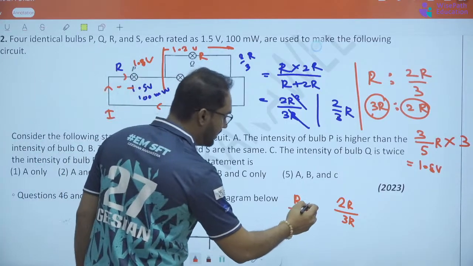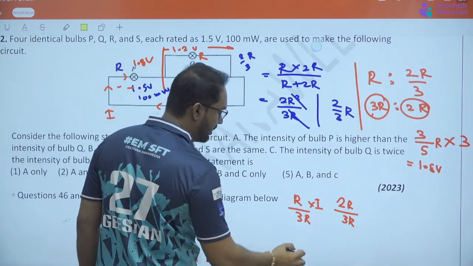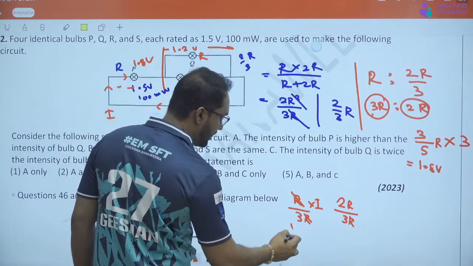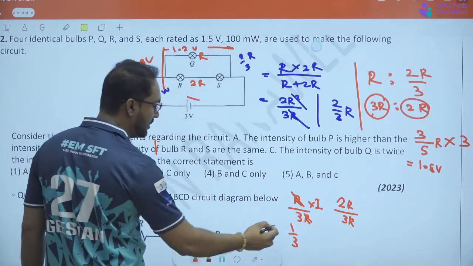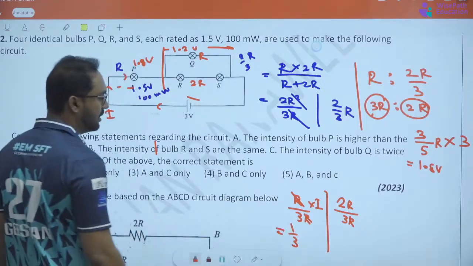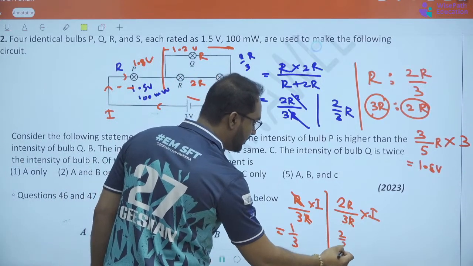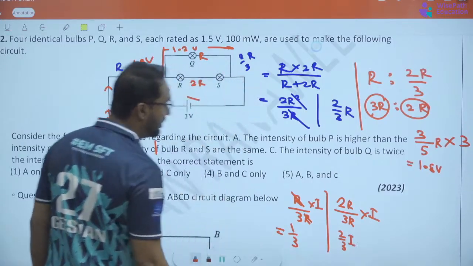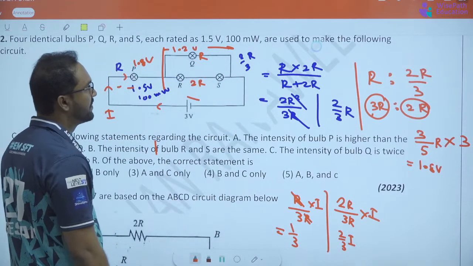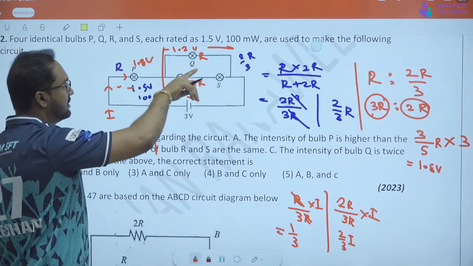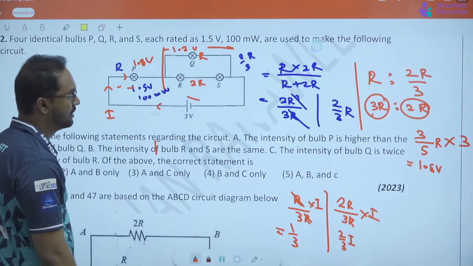So if the current is I, 1/3 of the current moves on one side, and 2/3 of the current moves on the other side. Out of these two sides, the higher the resistance, the lower the current goes, right?